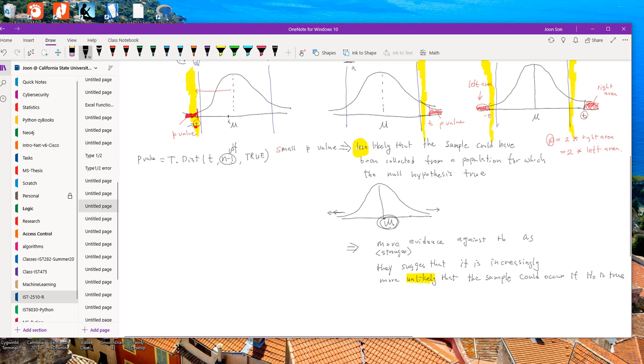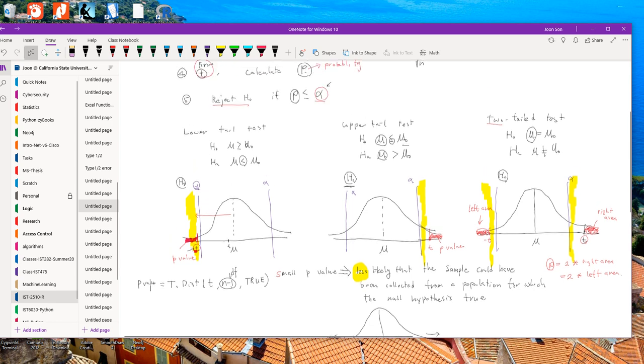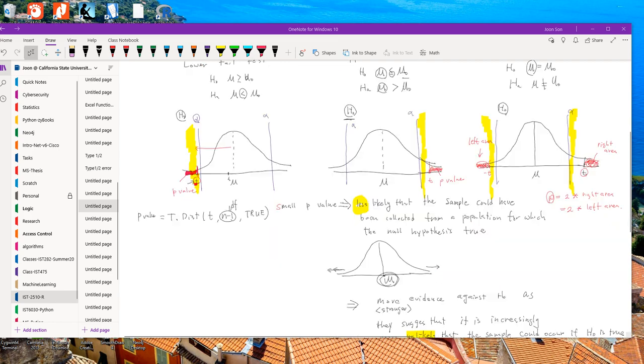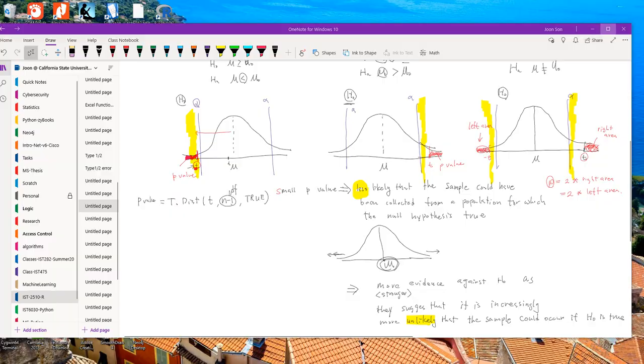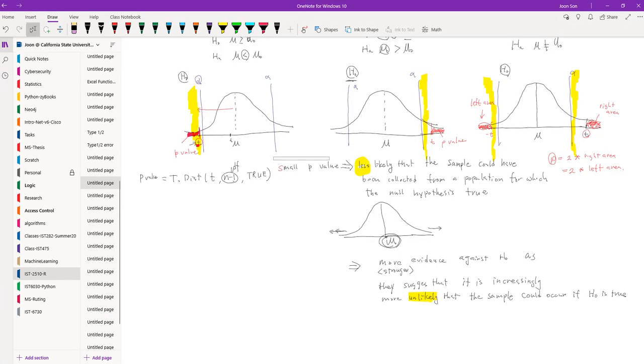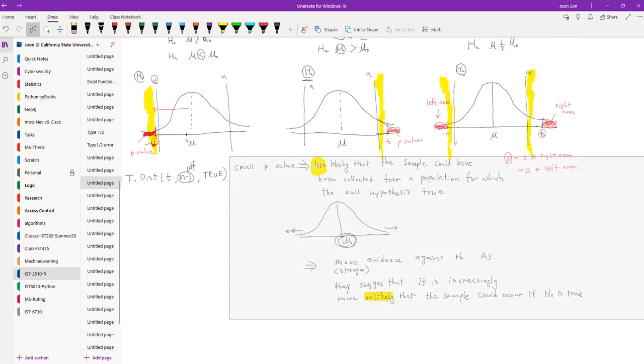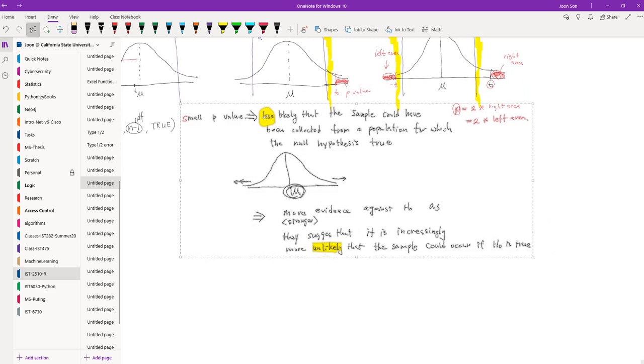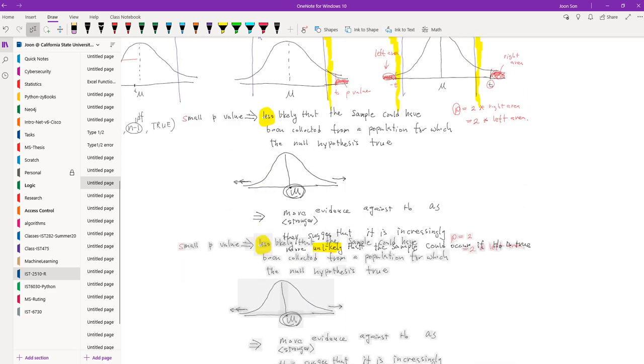Okay, now for the upper tail test case. Let me make this window a little bit bigger, and then move down.